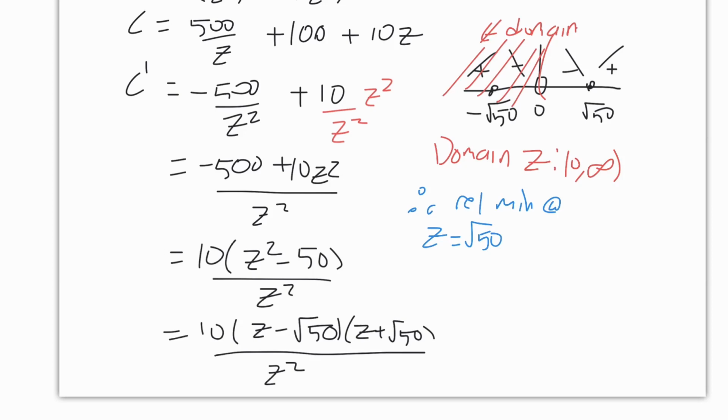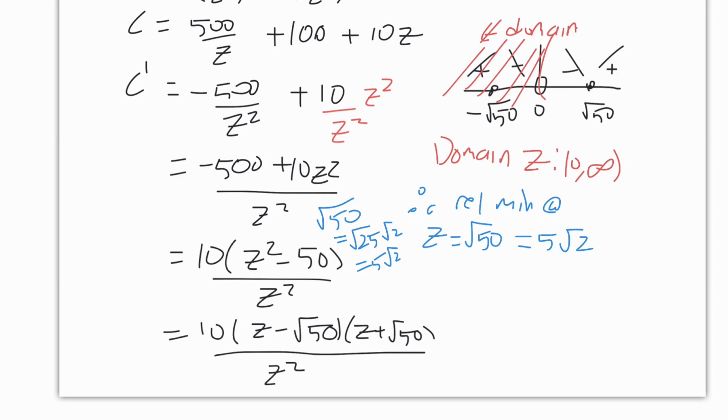Root 50, there's a 25 in there, so we could get 5 root 2, right? Because root 50 equals root 25 times root 2, so then 5 root 2. Alright, so we can find the information that we need.